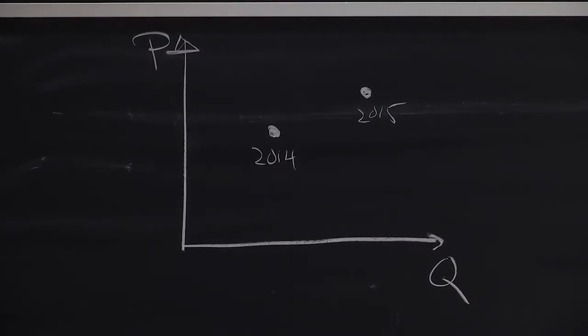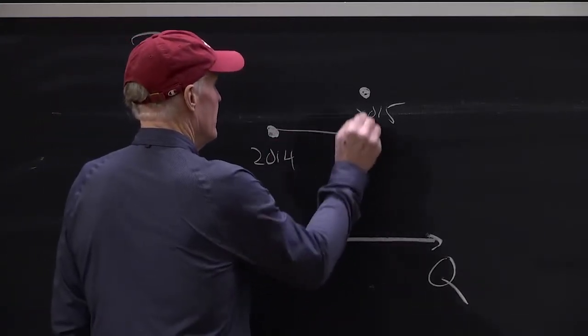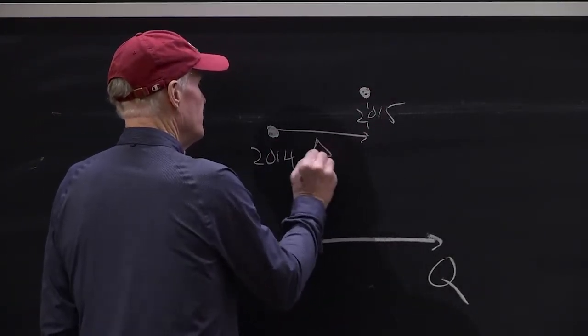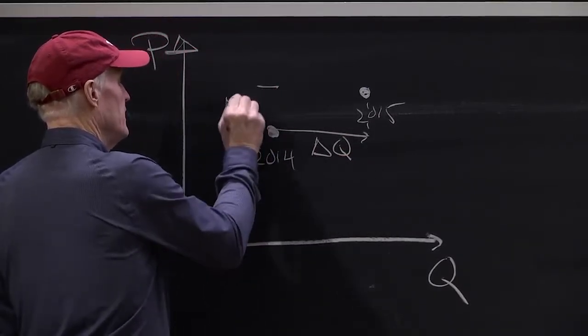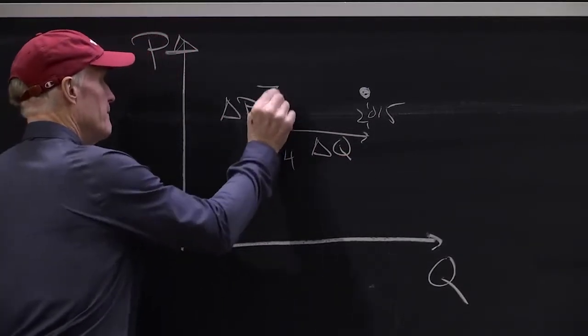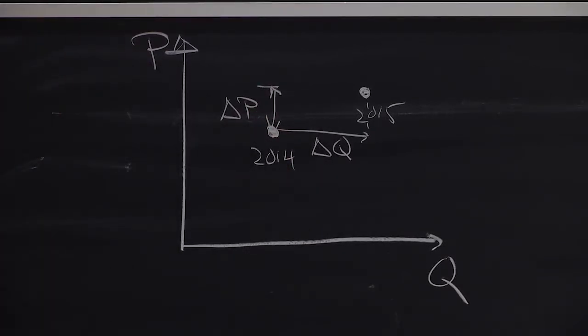Yeah, well, but I want to actually emphasize a different part of it, which is important to realize. So, if I want to look at this picture, let's think about this distance here, call this distance delta Q, and call this difference delta P. Those are measured in percentage changes or log changes, right?